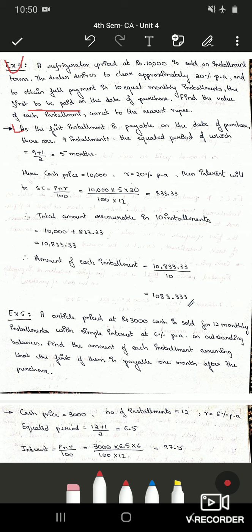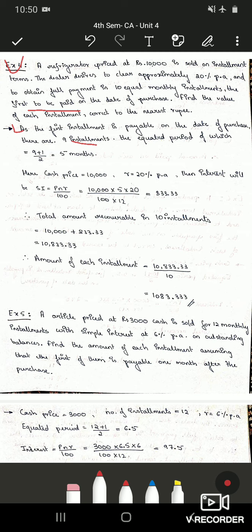So as the first installment is payable on the date of purchase, we can say 1 out of 10 you're paying on the date of purchase itself. So there will be 9 installments remaining. For these 9 installments, find out the equated period.